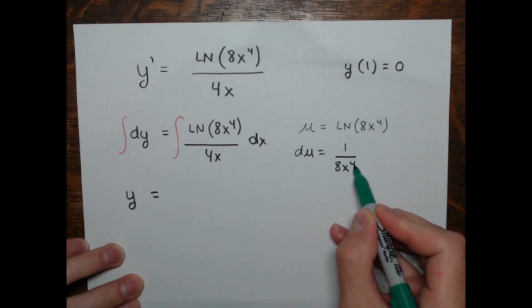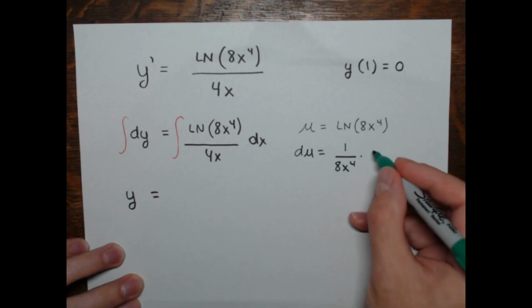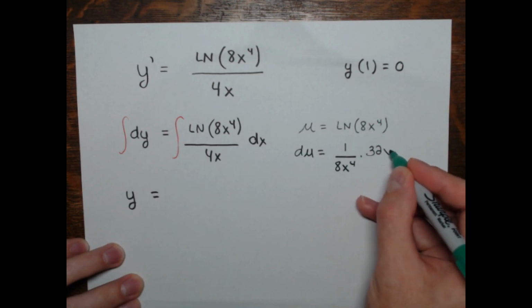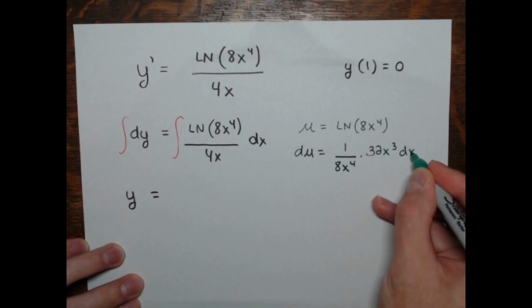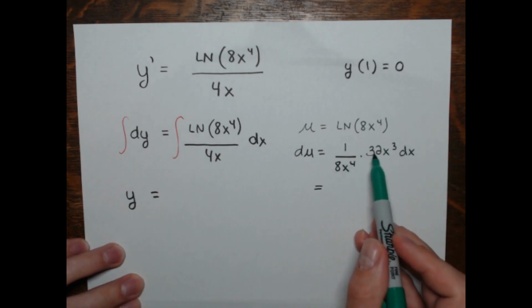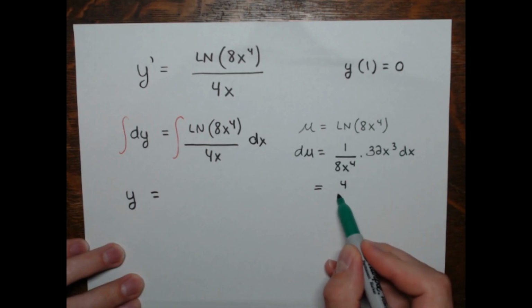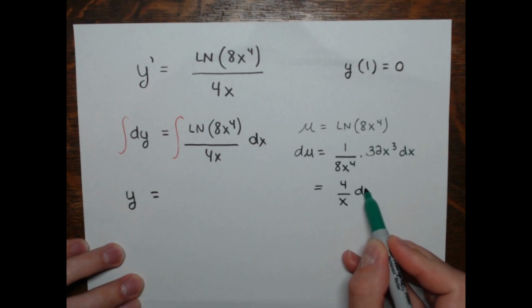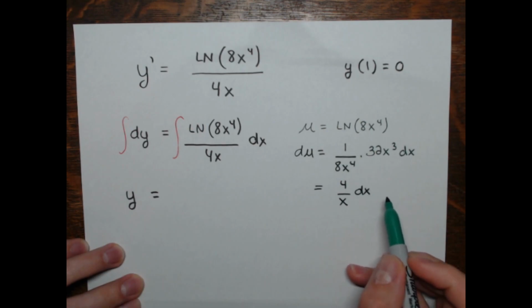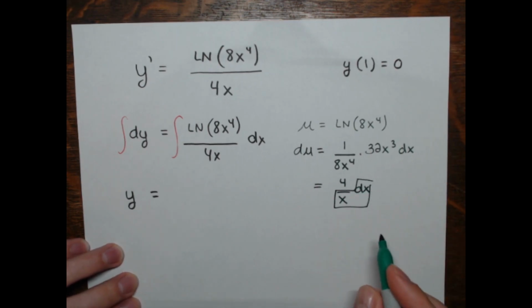So 1 over 8x to the fourth, but then times the derivative of the thing inside, so times 32x cubed dx. Well, if I do some simplification here, 8 goes into 32 4 times, x cubed over x to the fourth would be 1 over x. This is 4 over x dx.